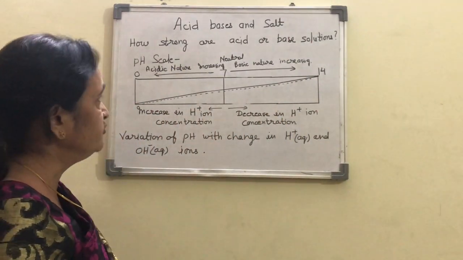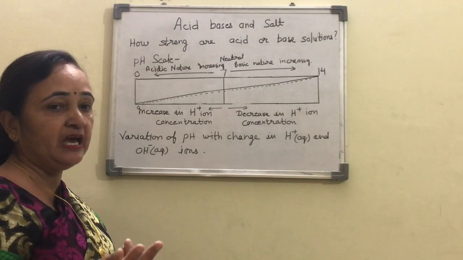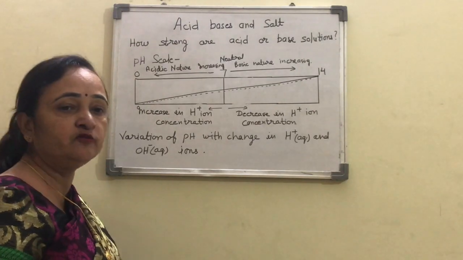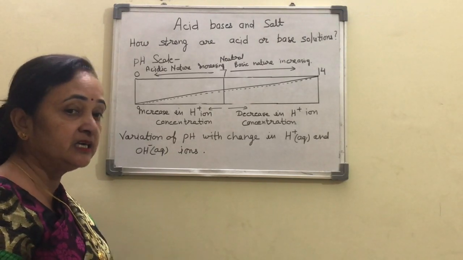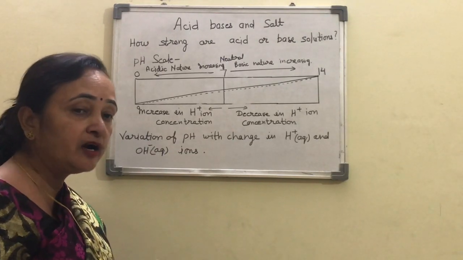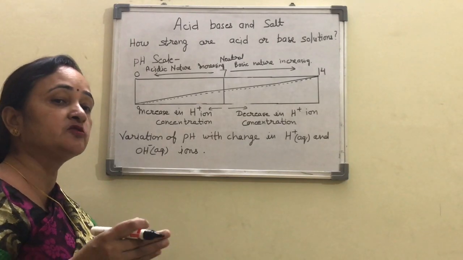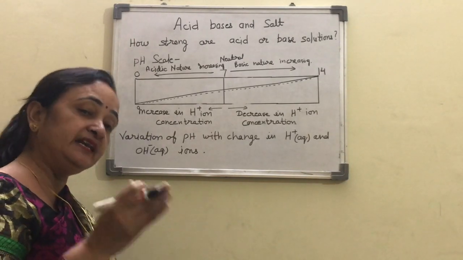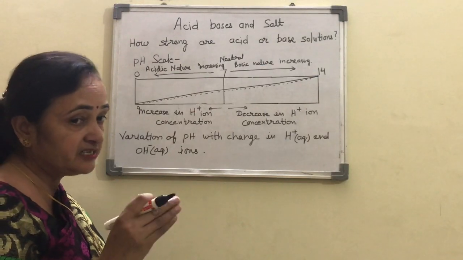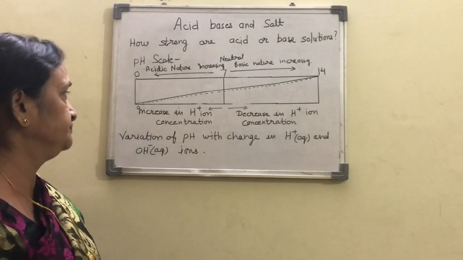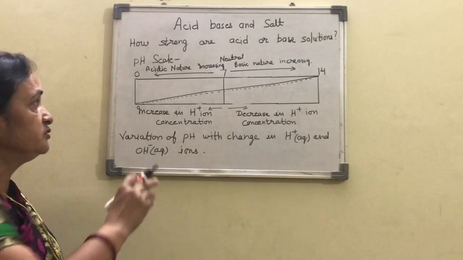Suppose we are given 2 acids, and the pH value for one acid is 1 and for the other acid is 6. Which will be the strong acid? The one having pH value 1, which is less than 6. The one with the higher pH value, 6, will be the weak acid.